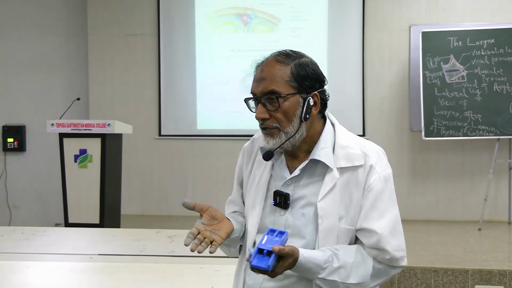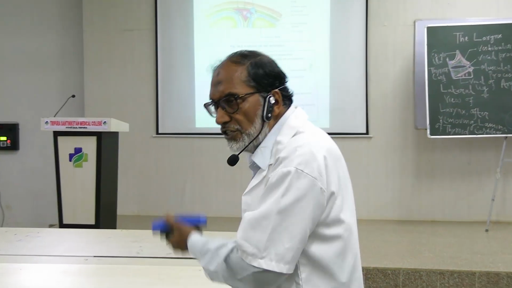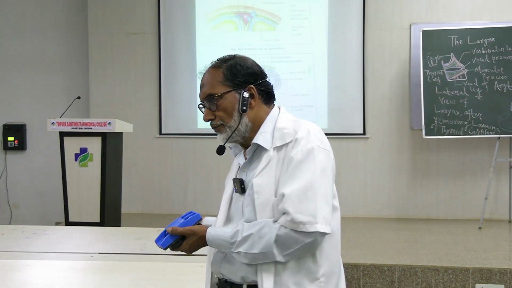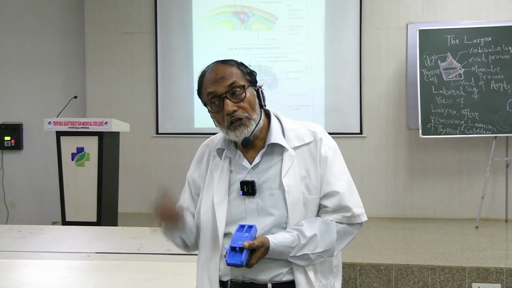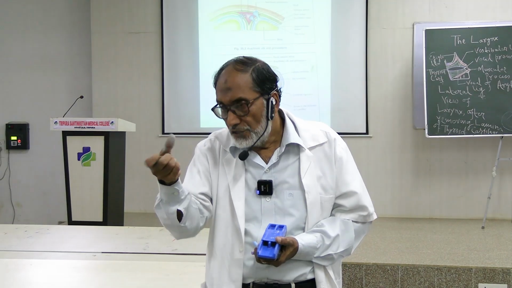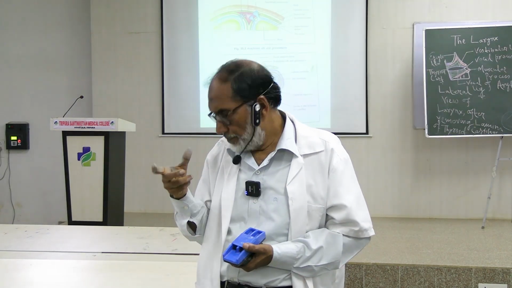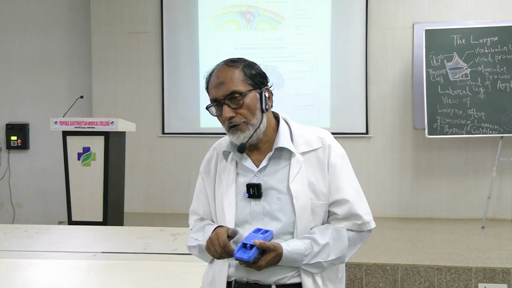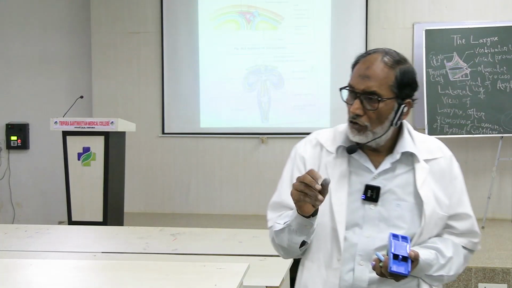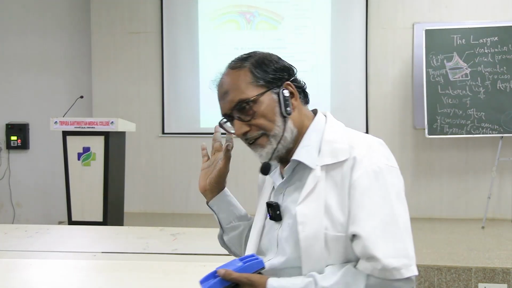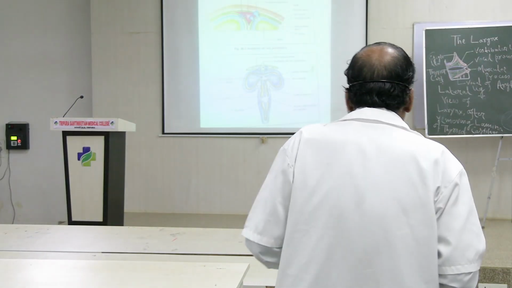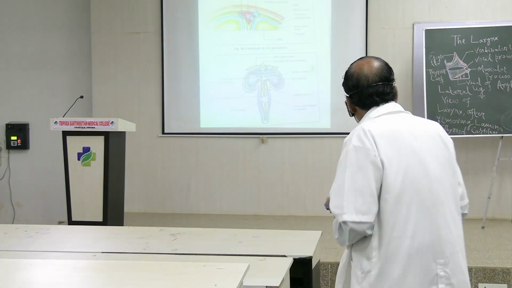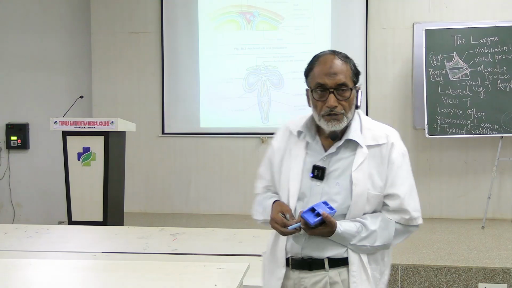Why is the subarachnoid space in the spinal cord important? For lumbar puncture. You sometimes tap the cerebrospinal fluid for therapeutic or diagnostic purposes, right? And that's why it is important, right?